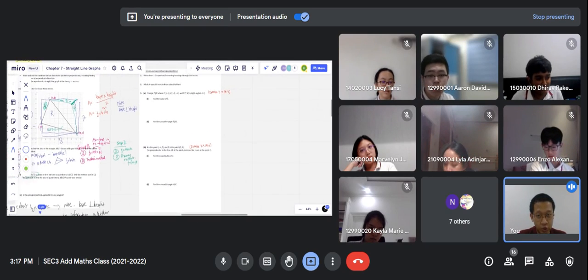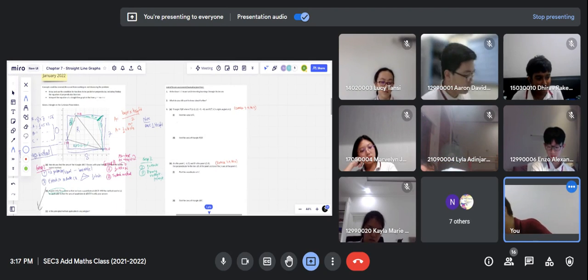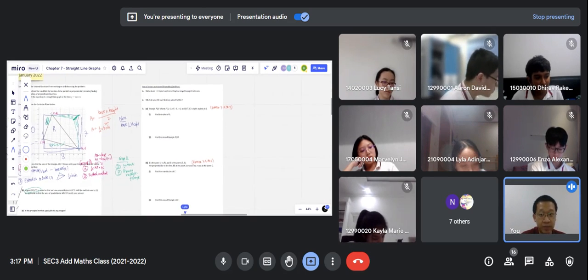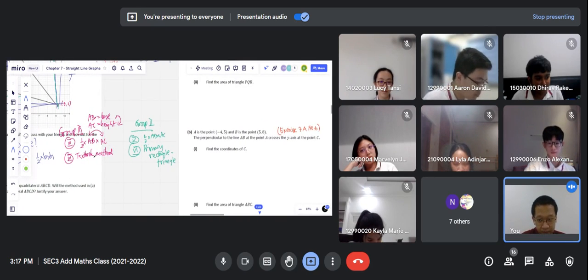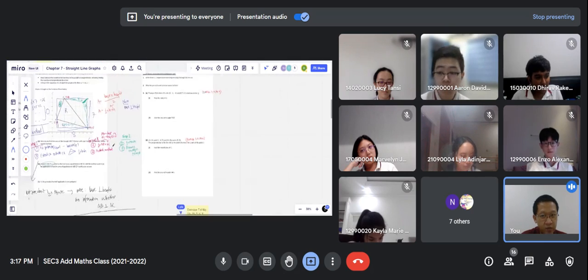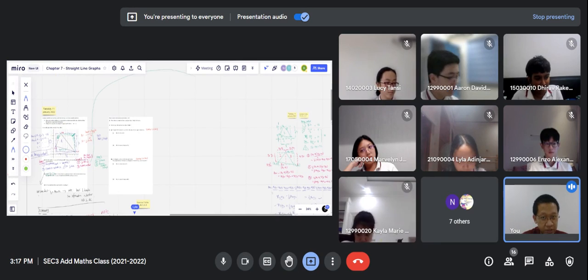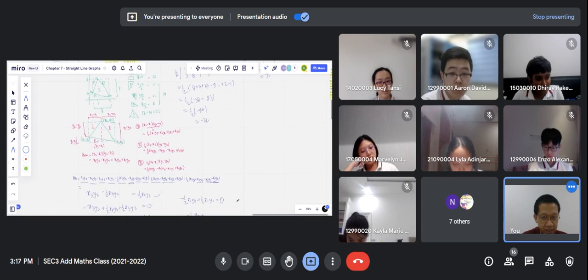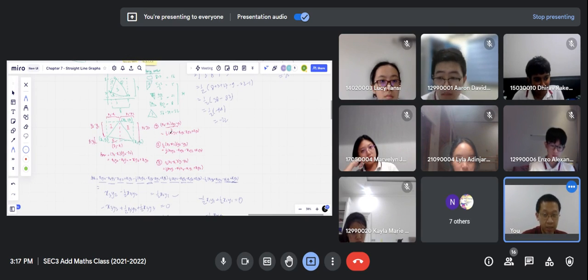Now, I want to cut it short. If you read your textbook on page 148, 149, they actually introduce the method that Lucy mentioned, the textbook method. I do not want to discuss this in great detail, but if you see here, there are so many writings on the right side. That's basically me trying to derive or prove it, to show how it works.